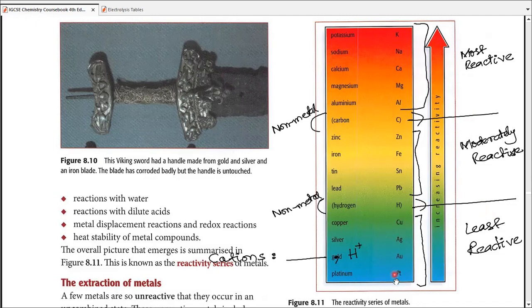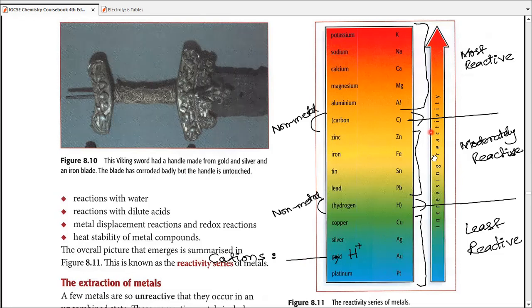These 4 are the only ones which are less reactive than hydrogen, and in any kind of competition, they would be able to get to the cathode and get deposited over there as metals. Copper ions as copper metal, silver ions as silver metal, so on with gold and platinum.